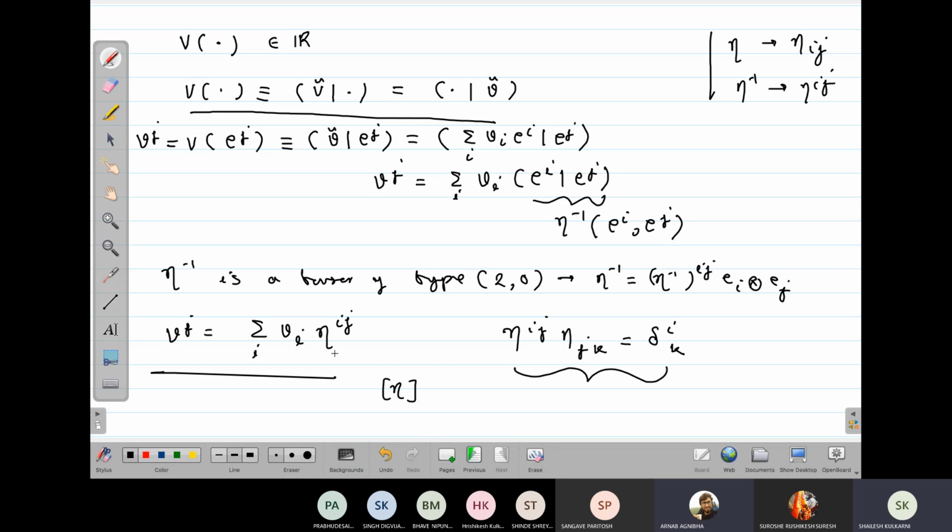Defining eta means the tensor as direct products. No, but I define eta as, see, eta is a 0 2 tensor defined as eta of ei ej is equated with the inner product of ei with ej.